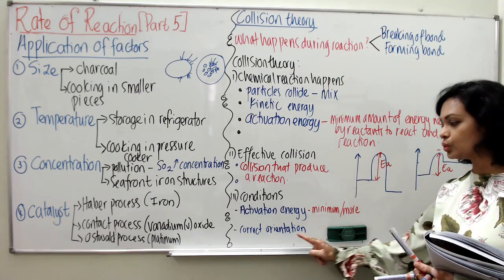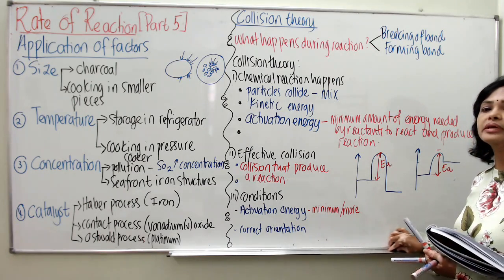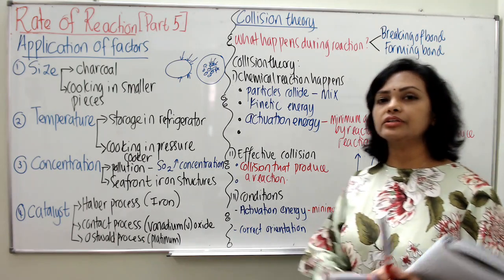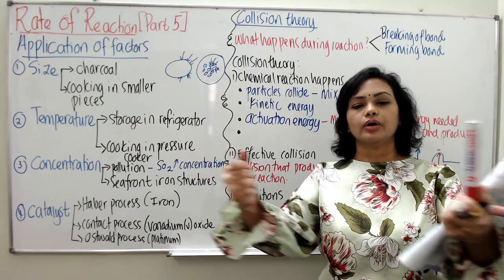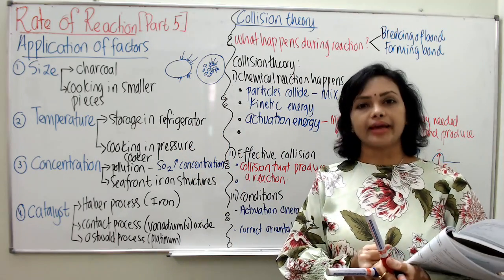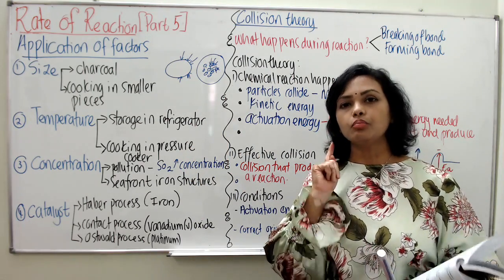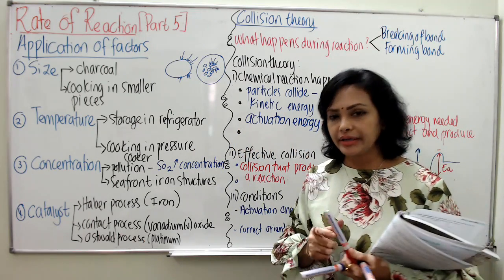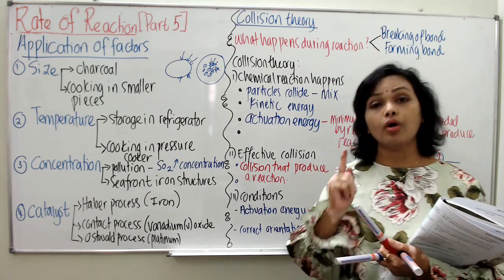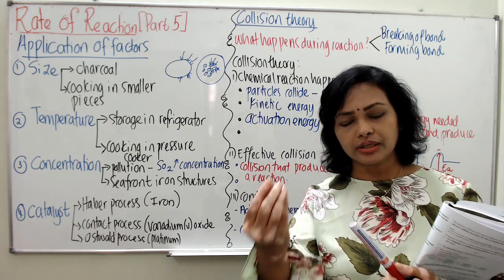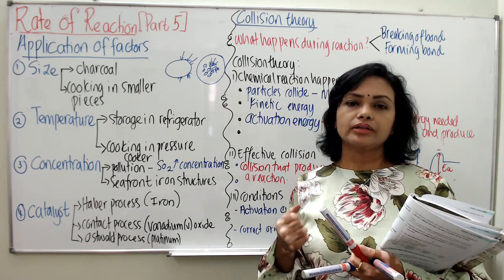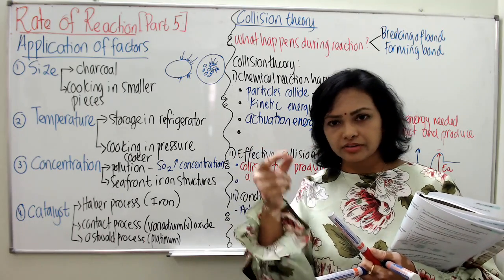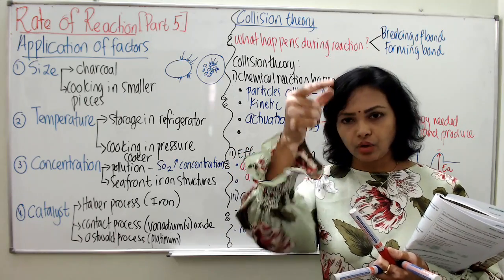Now let's go to correct orientation. What do we mean by correct orientation? Please remember the particles will collide like this. They can just collide without any reaction. But there will come one moment where they will collide with correct orientation. This is what we call correct orientation. For instance, imagine a jigsaw puzzle. The jigsaw puzzle can have places to fit other puzzles, left, right, top and bottom.